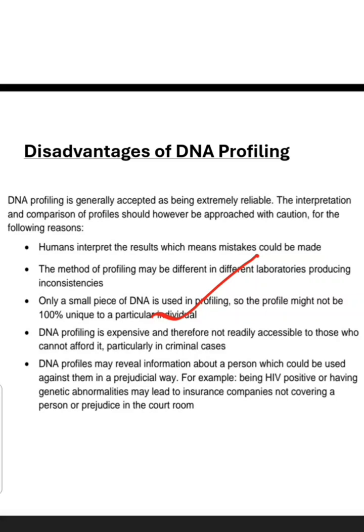Then DNA profiling is expensive and therefore not readily accessible to those who cannot afford it, particularly in criminal cases. For example, if there is a rape case and the victim's family wants to do a DNA test to prove that that person committed that crime, the process is expensive, so they might not afford it.